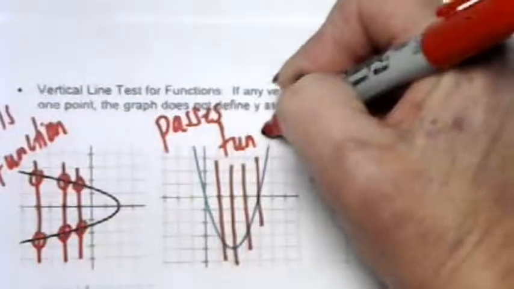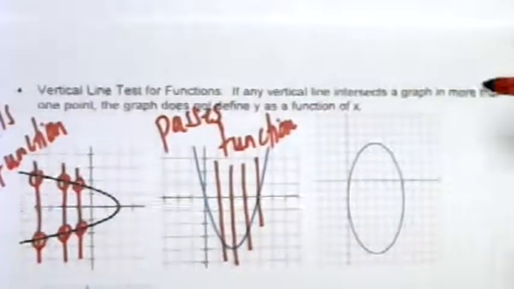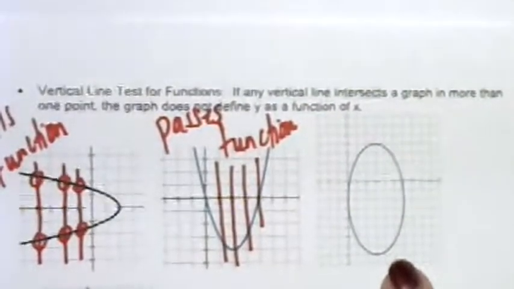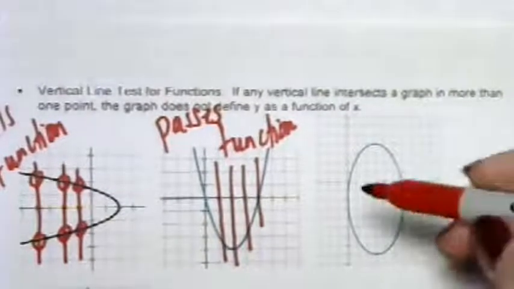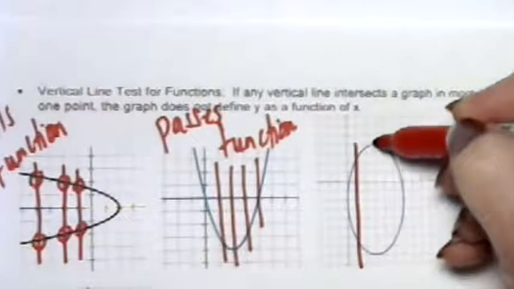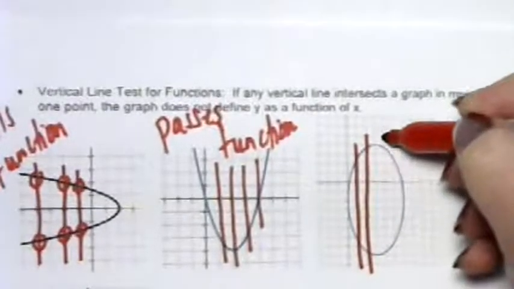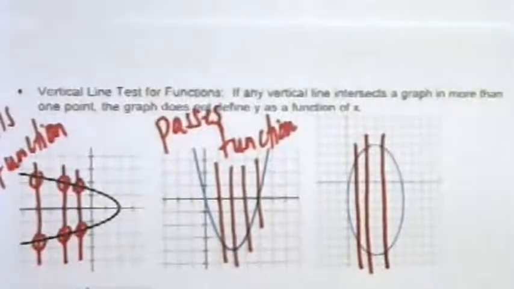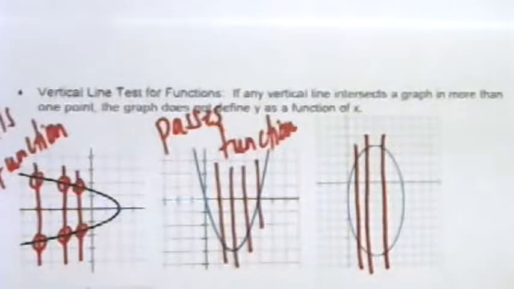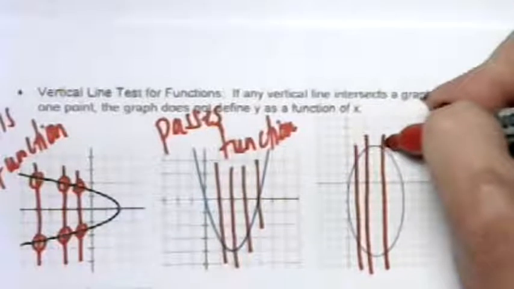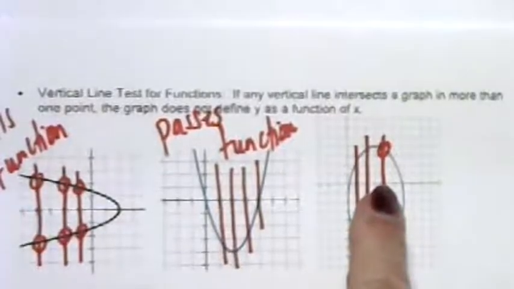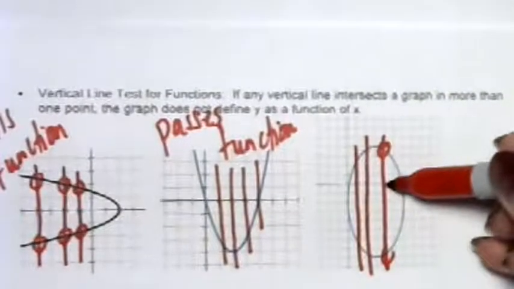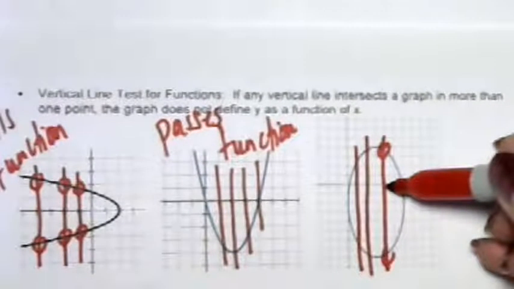and is a function. Now looking at this graph here, it looks like an ellipse on its side. We draw through our vertical lines and see that this fails the vertical line test. When we look here and here at this value, when x is 1, 2, 3, 4, again x is 4, we can see that it has two possible y values.